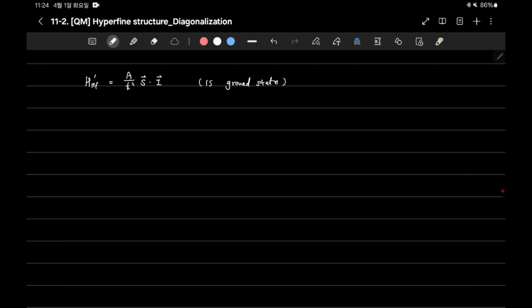But this is not yet solved as an eigenvalue problem, and we should diagonalize this hyperfine perturbation. So at this time I will talk about the diagonalization of the hyperfine perturbation.